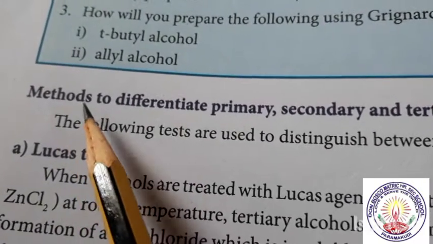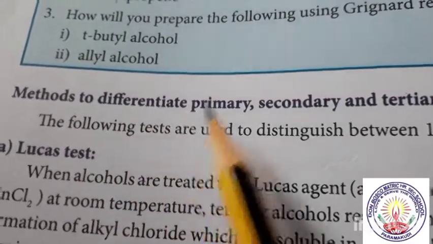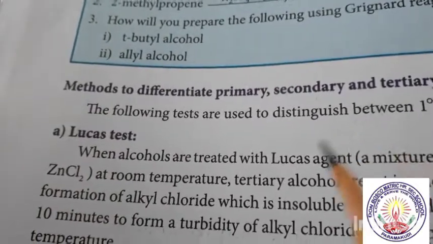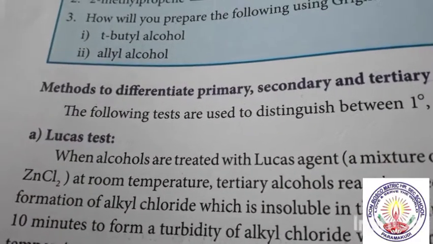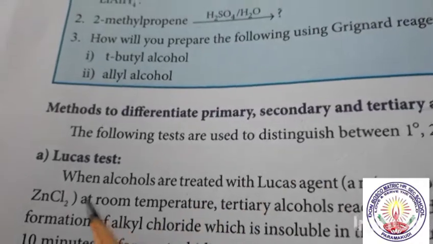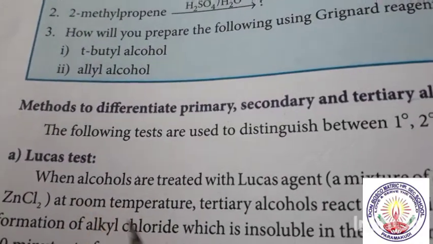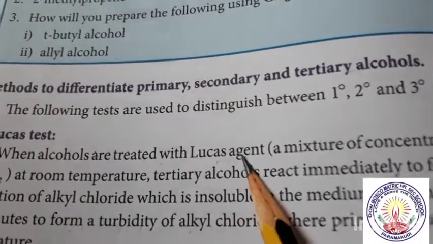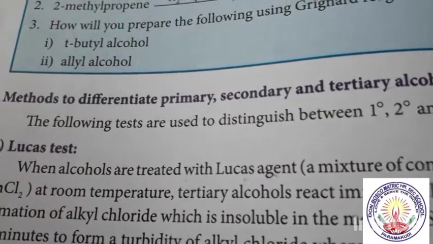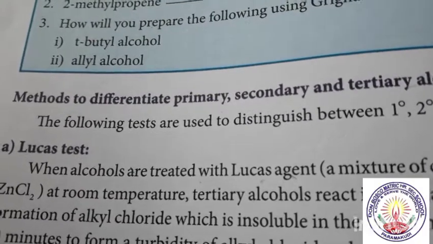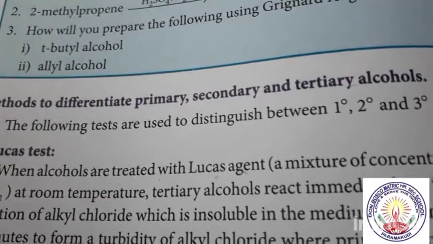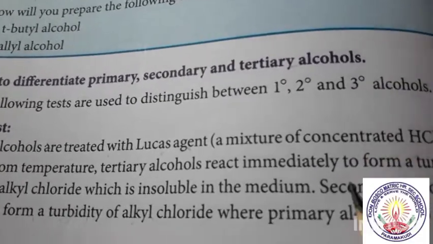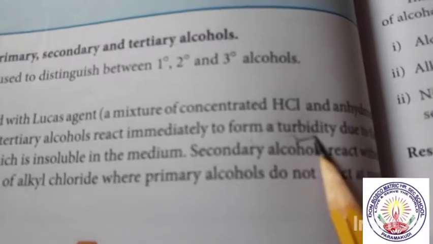Next we shall see the methods to differentiate primary, secondary and tertiary alcohol. This one is Lucas test. Here when the alcohols are treated with Lucas reagent, that is a mixture of concentrated HCl and anhydrous zinc chloride at room temperature, when we are reacting tertiary alcohols, immediately they form turbidity.